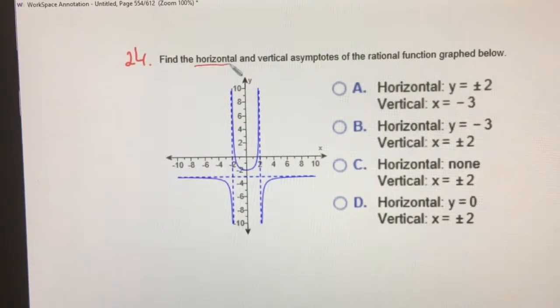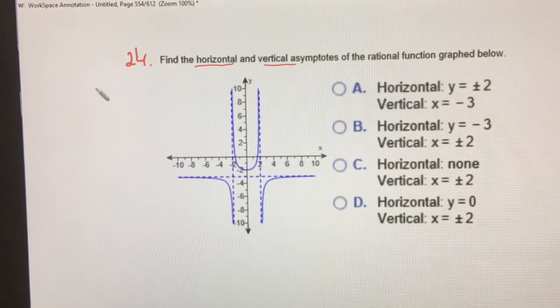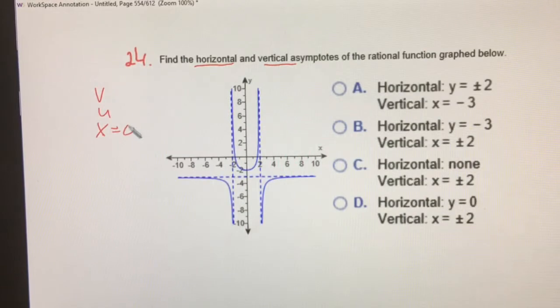Vertical asymptote, horizontal asymptote. Vertical asymptote, that's x equals. So I have a vertical here at x equals negative 2. I have a horizontal over here, that's y equals positive 2.